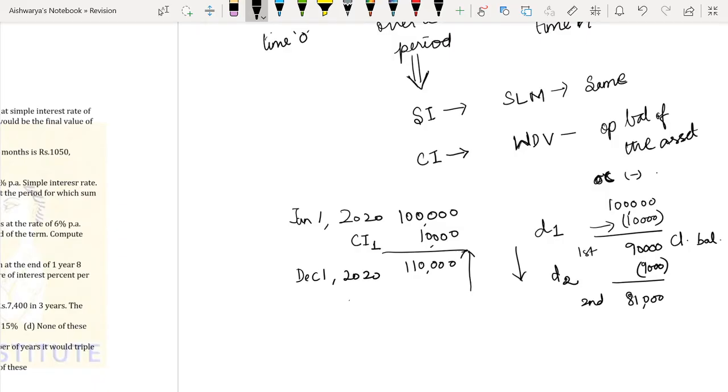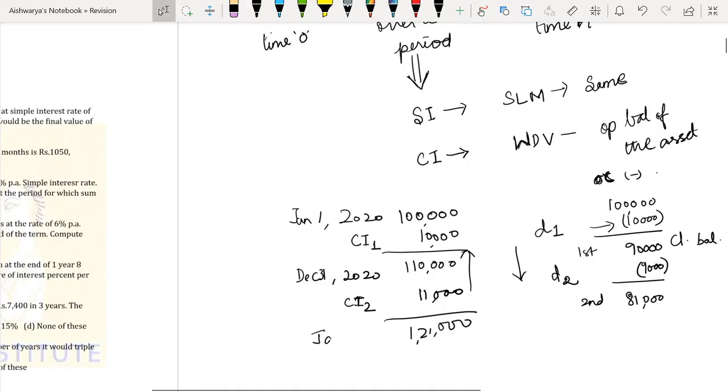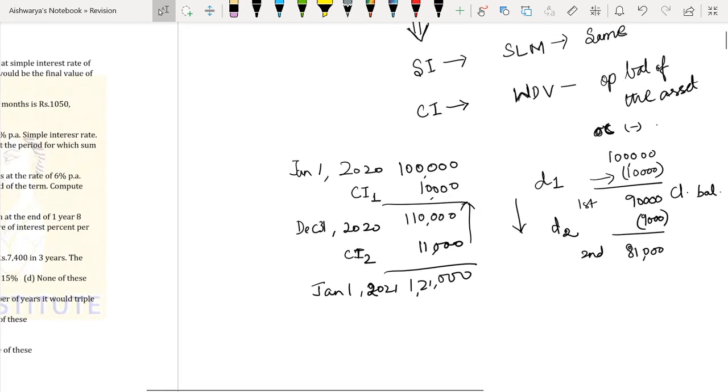Now in year 2, CI2 will be 10% on this, which is 11,000. So your total will be 1,21,000. This will be the balance as on Jan 1st, 2021. Alright. So now, like this, we will keep proceeding every year.